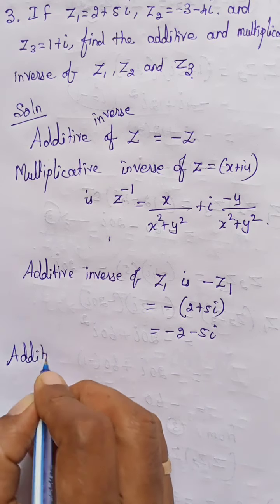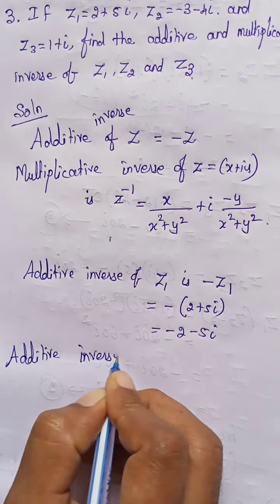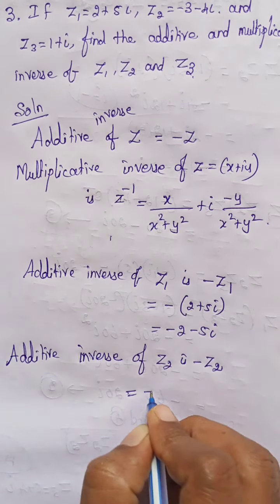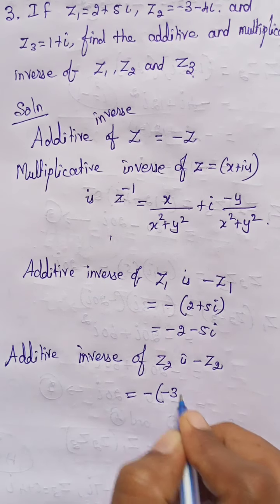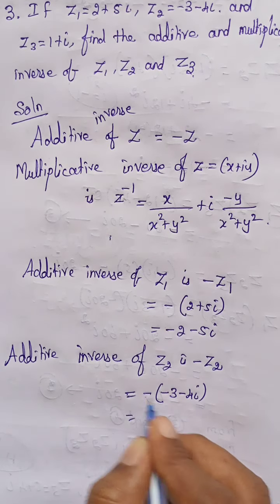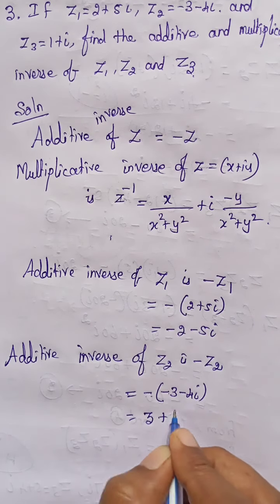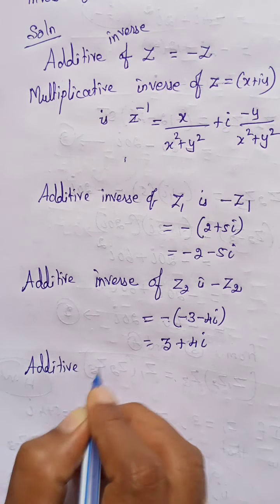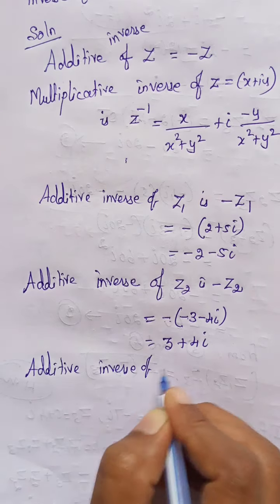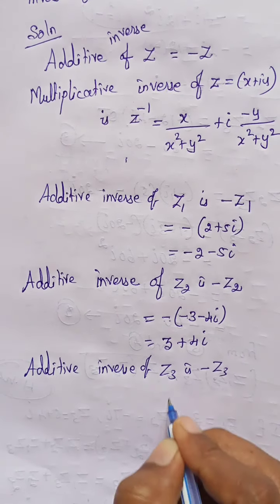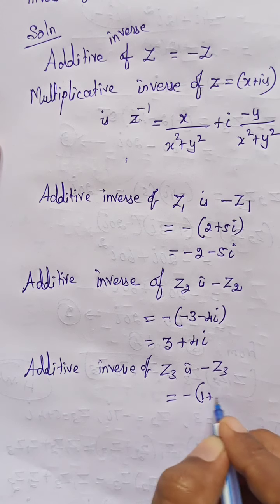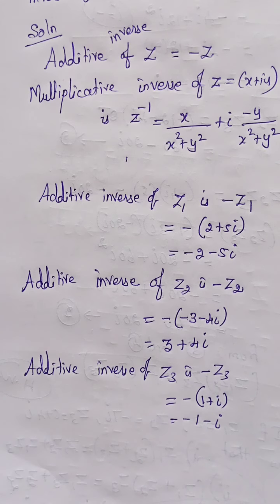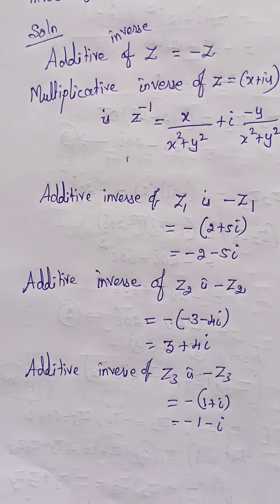Then the additive inverse of Z2 is minus Z2, the value is minus 3 minus 4i, so we may get 3 plus 4i. The same way the third one. The additive inverse of Z3 is minus Z3. The value is 1 plus i, so when we give the minus inside, minus 1 minus i. So the additive inverses for the 3 we have found.